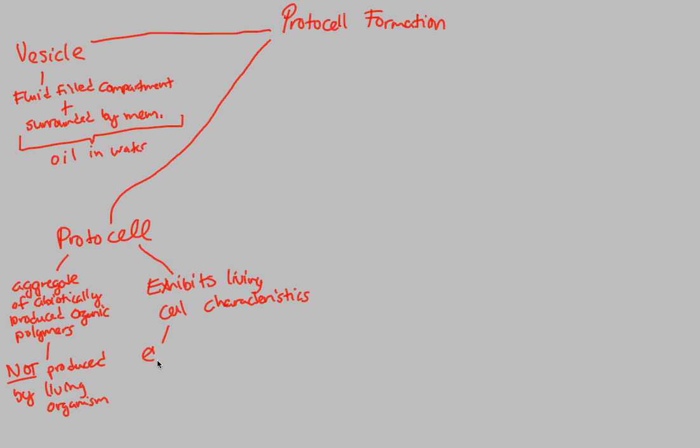Things like an electrical potential are seen in protocells. Simply put, an electrical potential just means that the inside has a different electricity level than the outside. There's some sort of gradient involved. We don't need to get into those details. Just know that there's an electrical potential, and that's something seen in living cells.